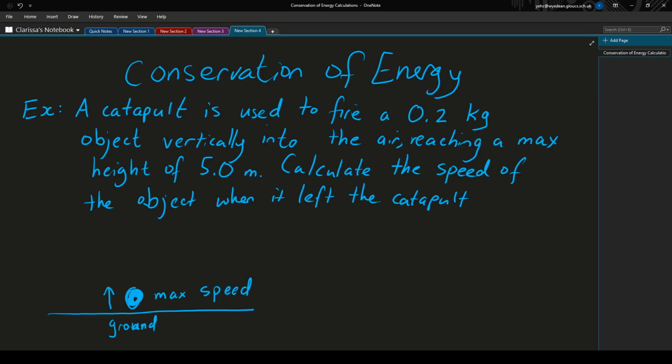I'm not going to bother with drawing the catapult. What do you guys think its gravitational potential energy is at the start? So right now when it's just fired from the catapult, what is its gravitational potential energy?